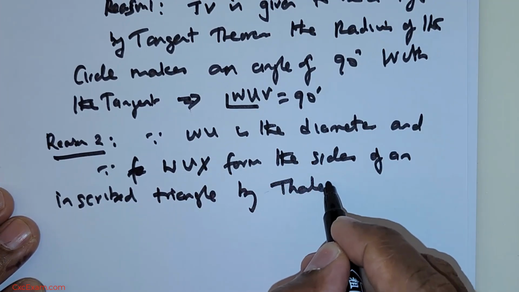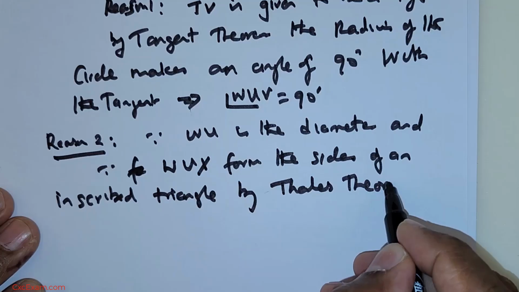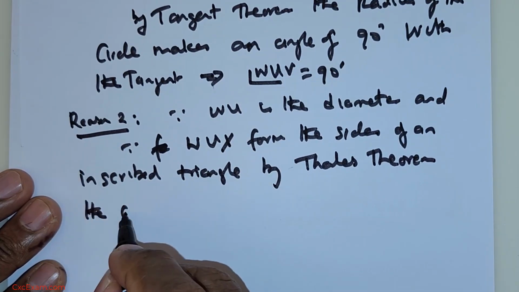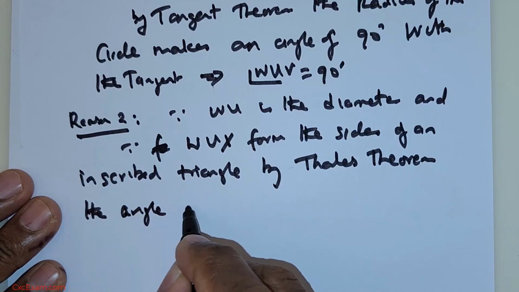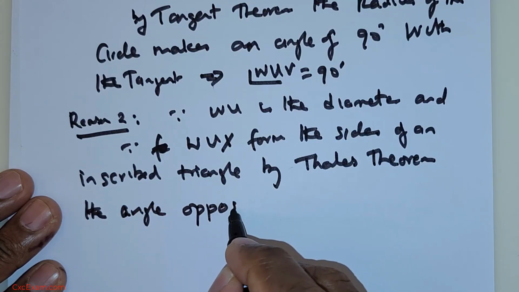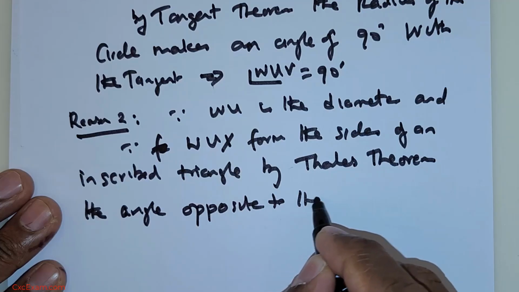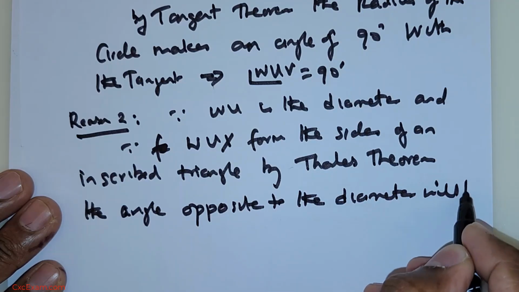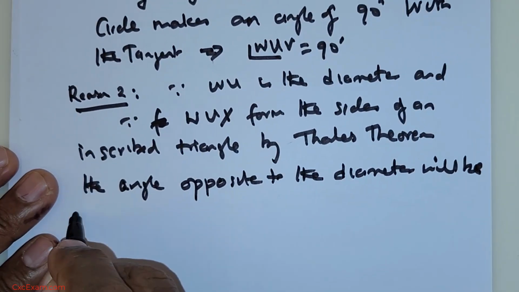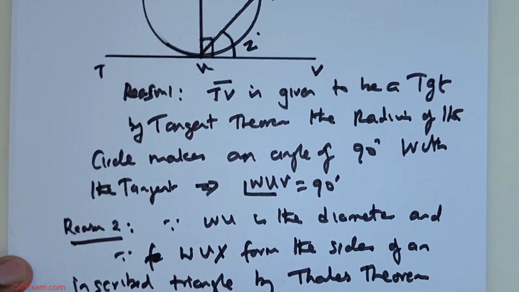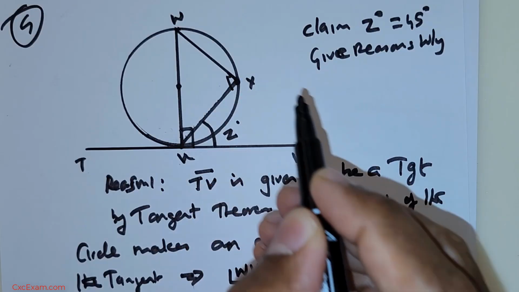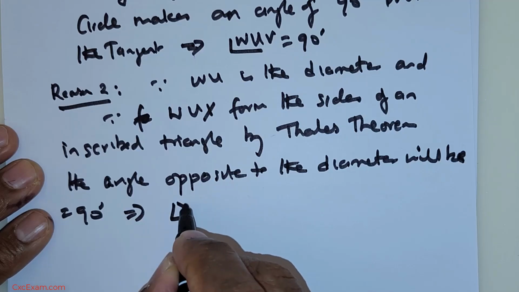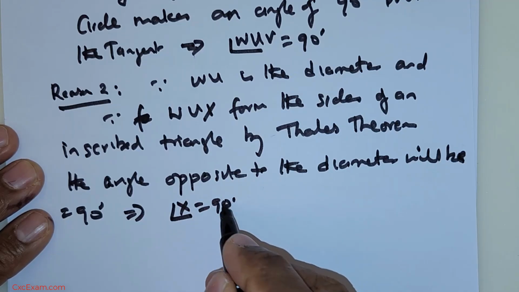By Thales theorem, the angle opposite to the diameter will be equal to 90 degrees. So what does it mean? This means this is going to be equal to 90 degrees. So this means angle X is equal to 90 degrees.